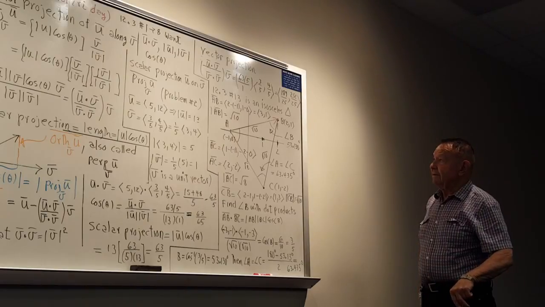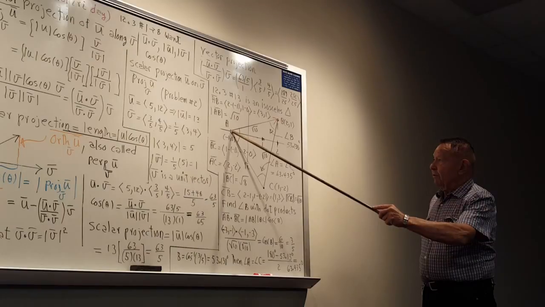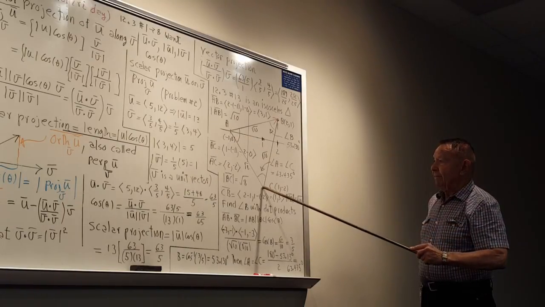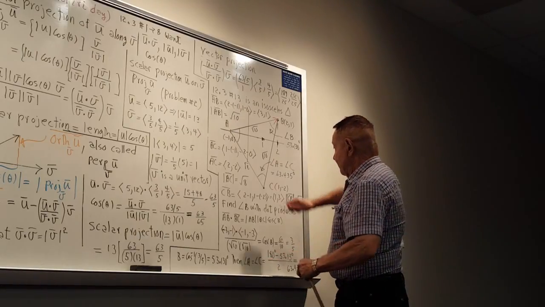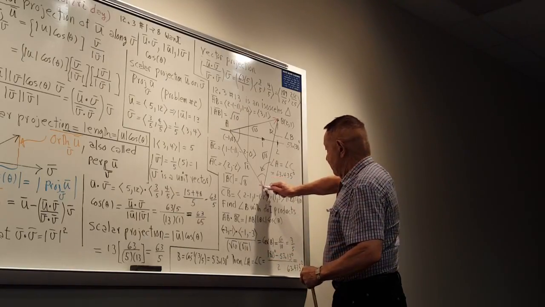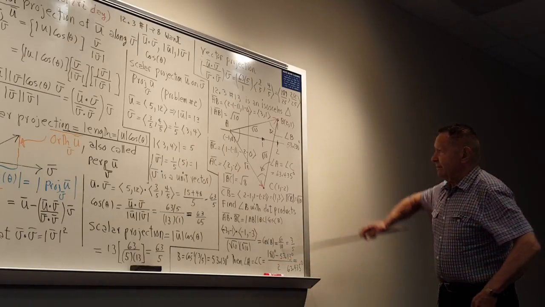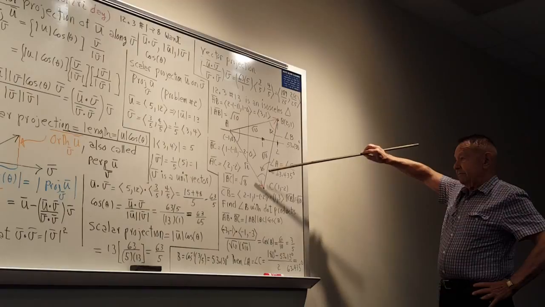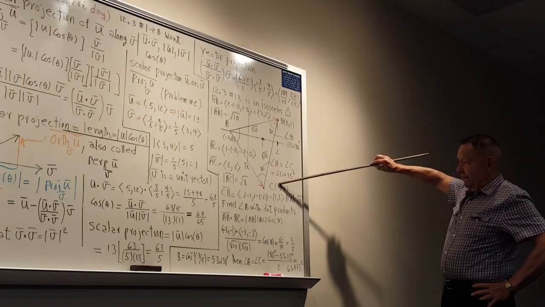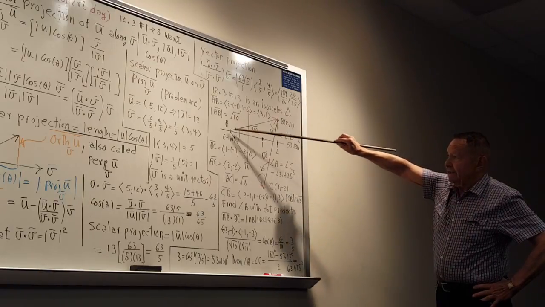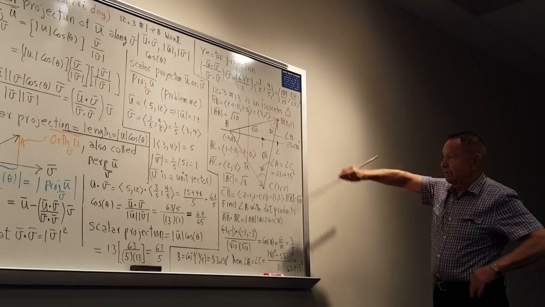And then to go from A to C, which would be this side, you would take the first component to be C, which is 1 minus the first component here, so 1 minus a minus 1.